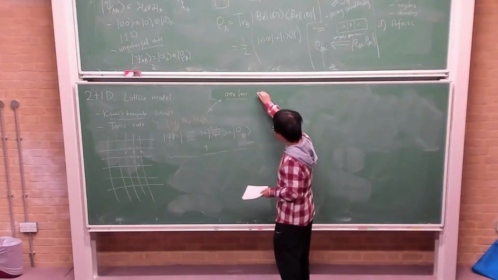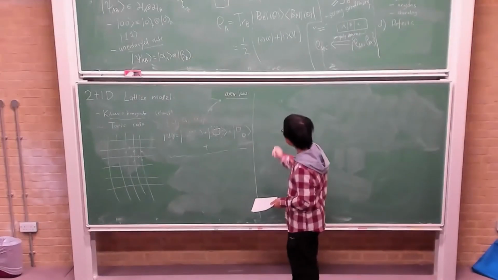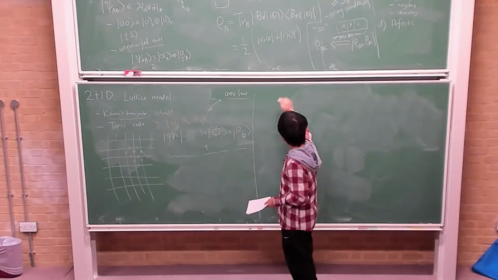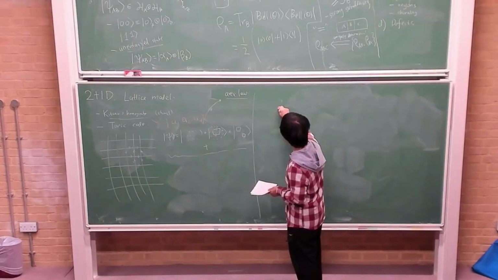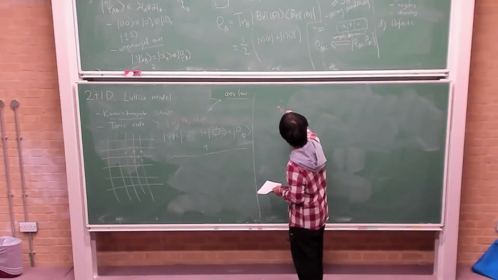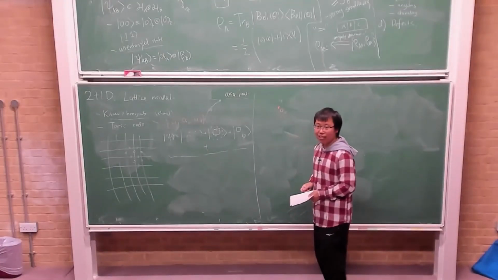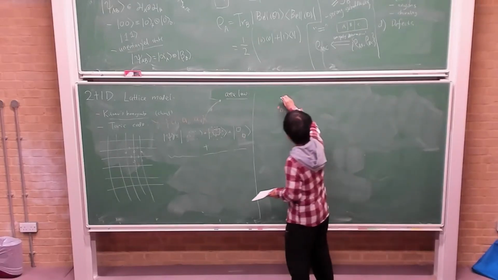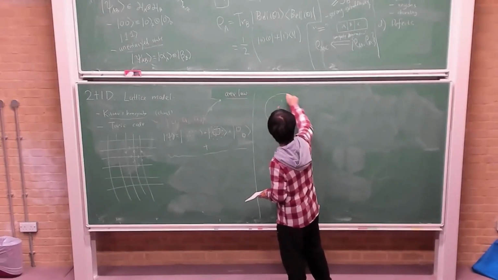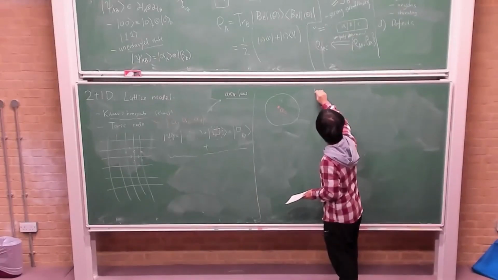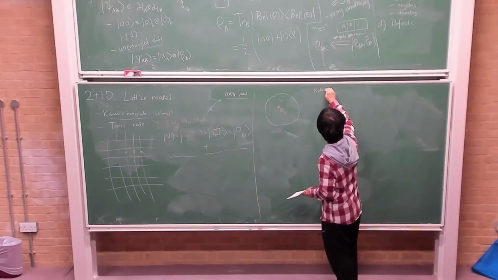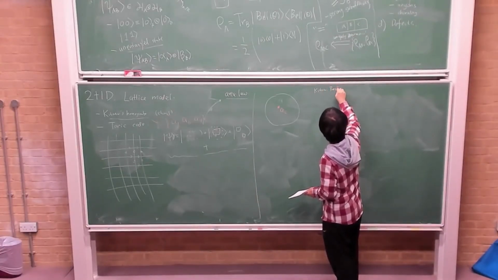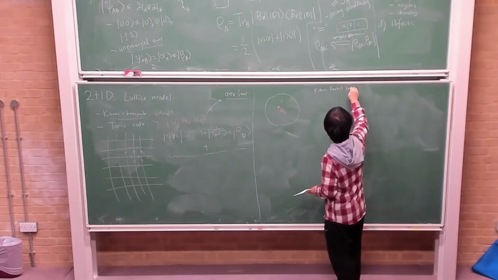Let me do the following thought experiment. Suppose we have some excitation, the anyon sigma, in some position of the lattice. And then it turns out there was a nice formula in the paper by Vidal and Preskill, 2005.